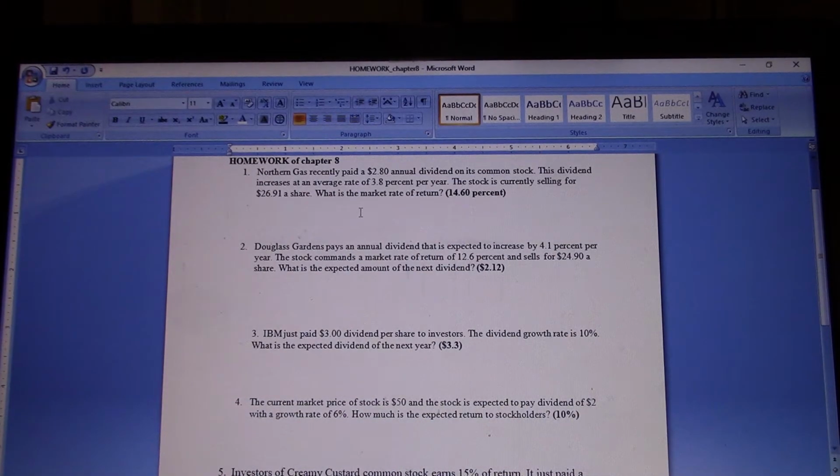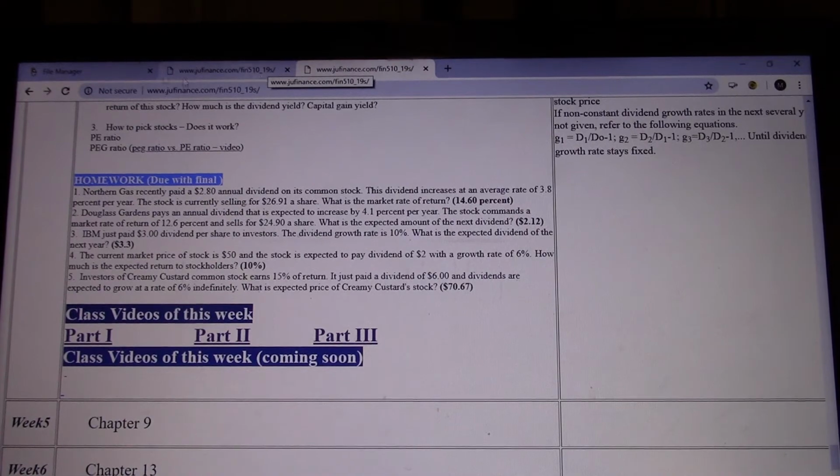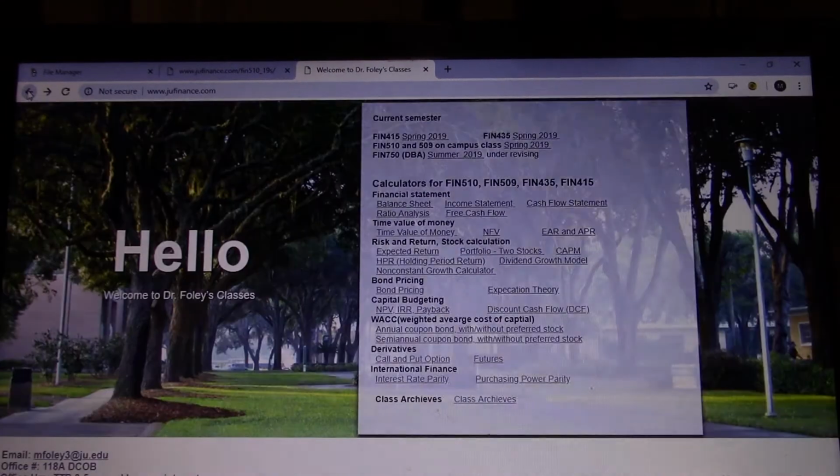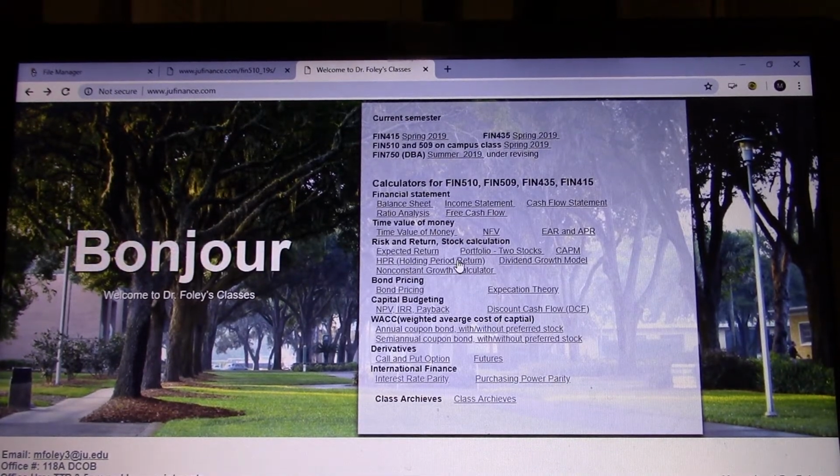Let's just quickly get it done together. Let me show you how to do that. The first question. This chapter is about stock pricing, so you can also find help from the calculators I found for the stock calculation at jufinance.com.